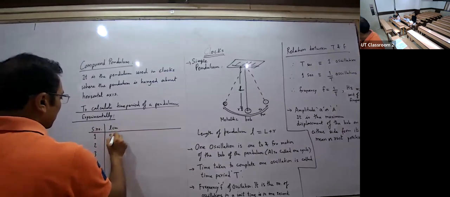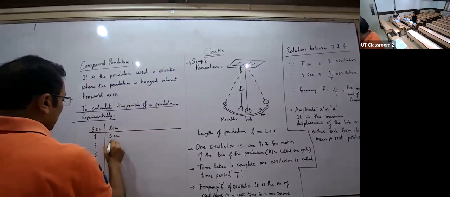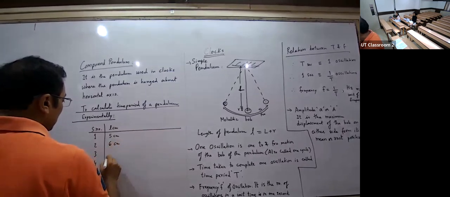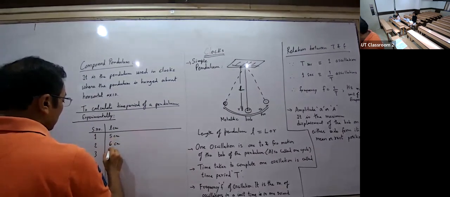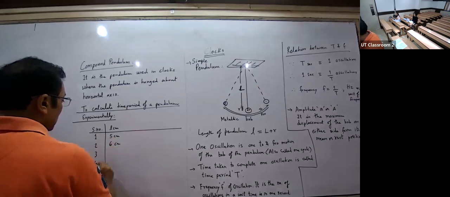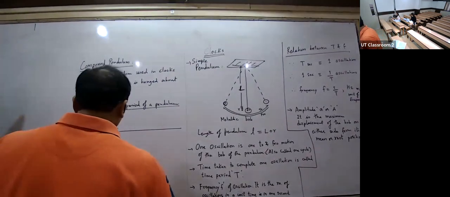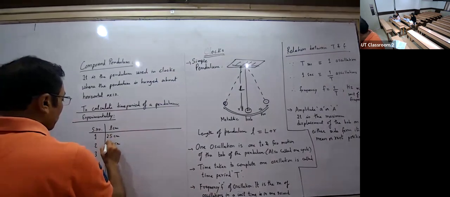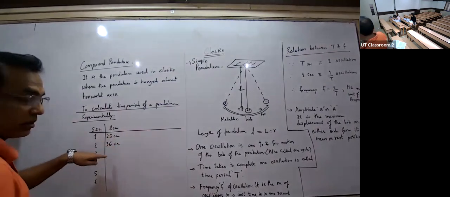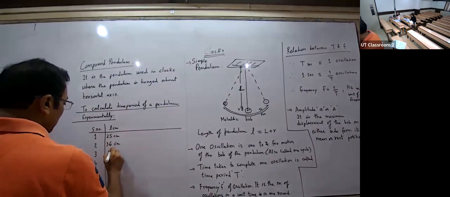So 5 centimeter, then 6 centimeter. Then we have the square: 25 centimeter, not 5, 25 centimeter. Then 36. So it is 5 square, 6 square, 7 square, 49.